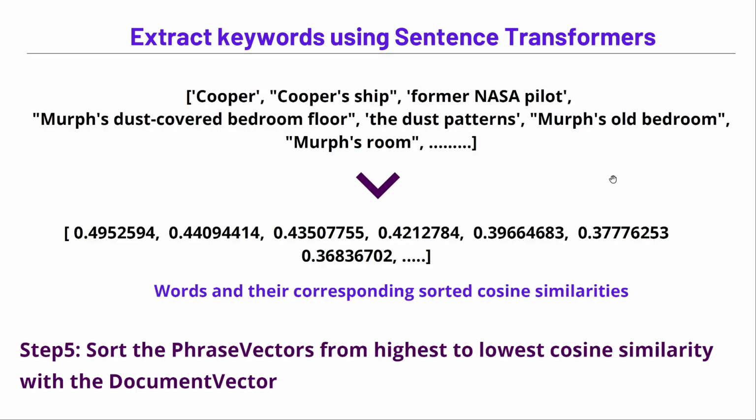And step 5 is actually sorting all the keywords in decreasing order of cosine similarity, and we are going to get this.